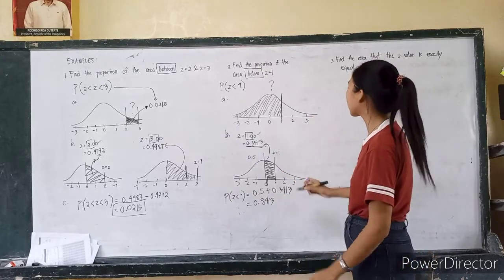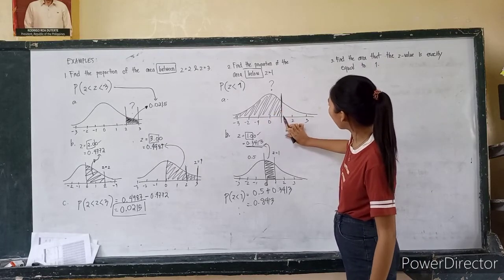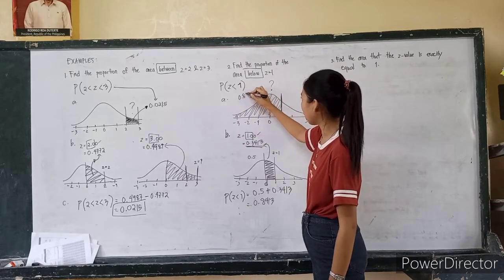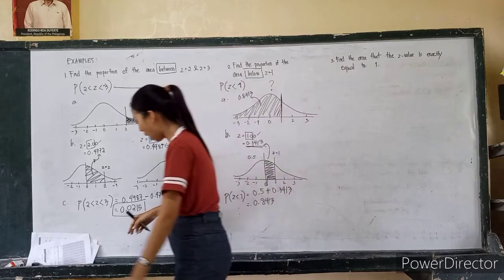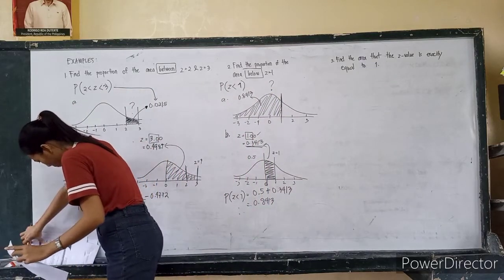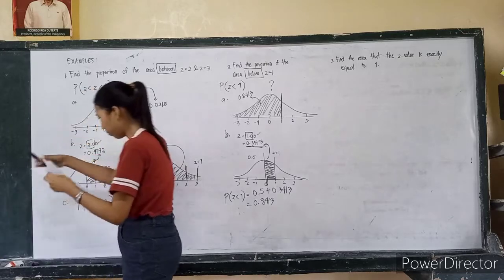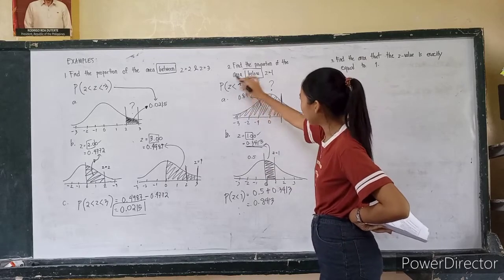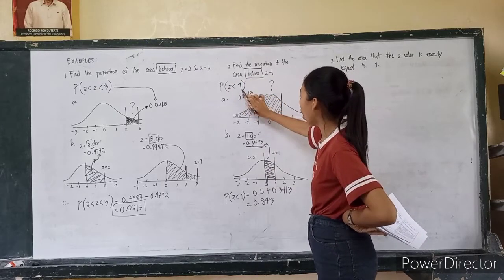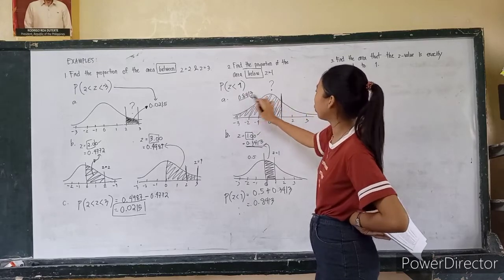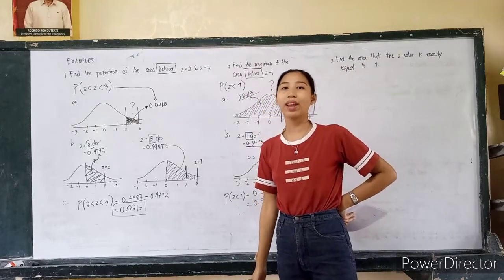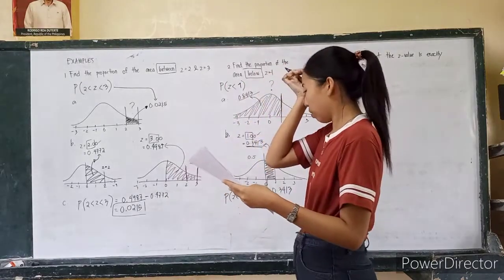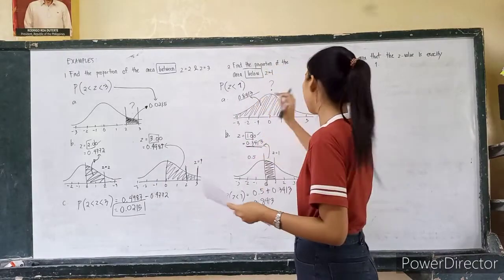That means this area, from your 1 going down, is equal to 0.8413. I will check the answer in your module. Correct? Okay, correct. Therefore, the probability that z is less than 1 is this area, equal to 0.8413. I hope that you are following and being enlightened by this explanation.